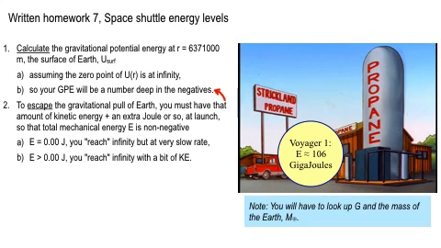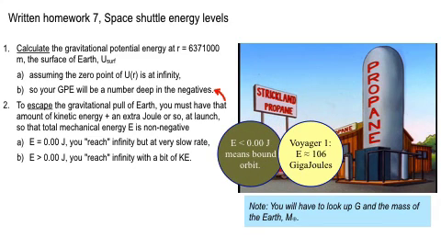But on the other hand, if you have a negative value for total mechanical energy, something less than zero, like the orange line on the previous slide that was below zero, that means you have a bound orbit. So zero and positive are unbound, if you're talking about total mechanical energy.